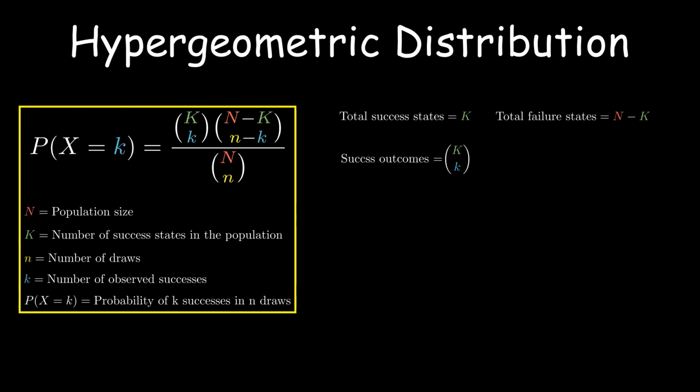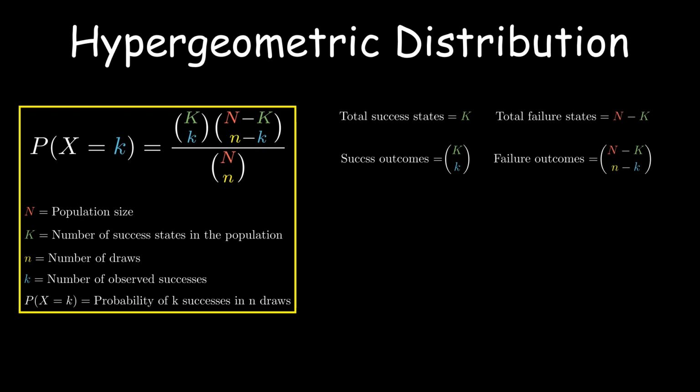Also note that we need to have exactly k success states in the sample. This means if we are drawing n times, we will need to have n minus k failure states as well. Total number of ways to choose failure states can be calculated using the binomial coefficient as well, like this.